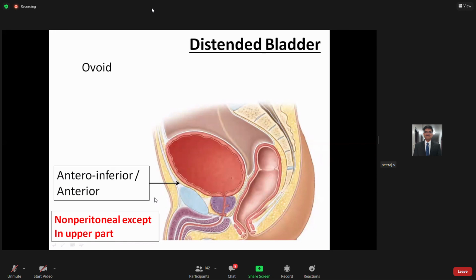Surgeons, physicians or the emergency staff start basically from the suprapubic area, so that the peritoneum is not injured. So this is for the distended bladder.